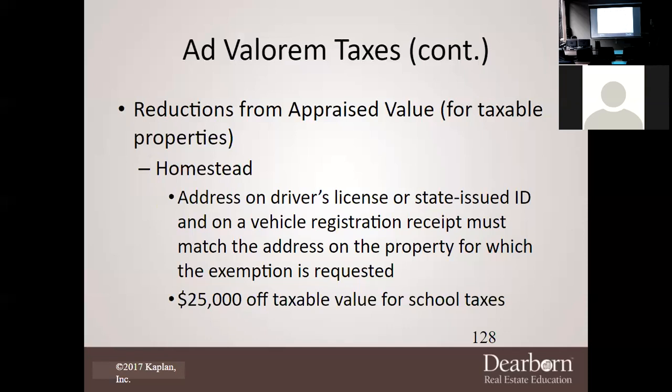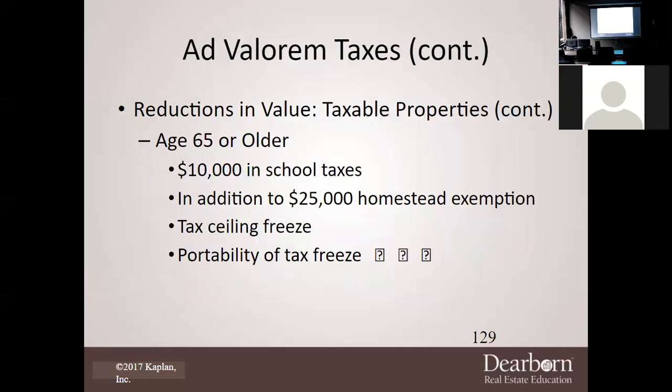Now, it's $25,000 off the taxable value for school taxes. $25,000 automatically dropped. Not bad. If you are 65 or older, then there's another $10,000 off school taxes, in addition to your $25,000 homestead exemption. So if you're 65 or older, guess what?